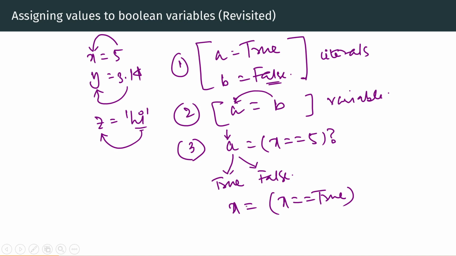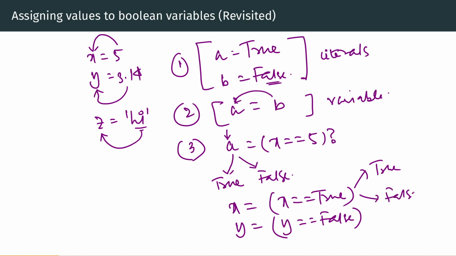I know it doesn't make sense, but this is a perfectly valid assignment. Or you could say things like y equals y equals false, which means if the variable y is false, change it back to true. So you can actually store the result of a Boolean expression, which, as you know, is always either true or false, into a Boolean variable.